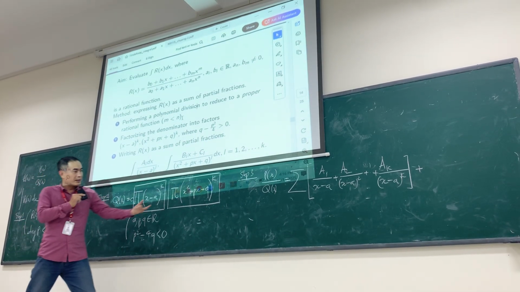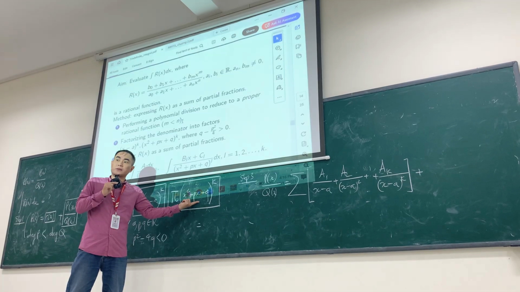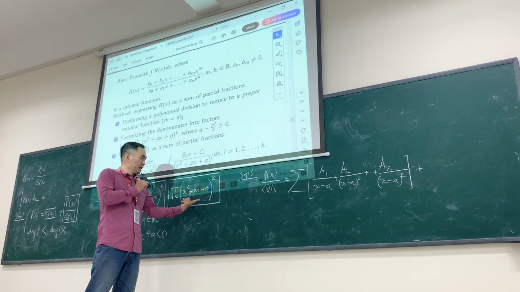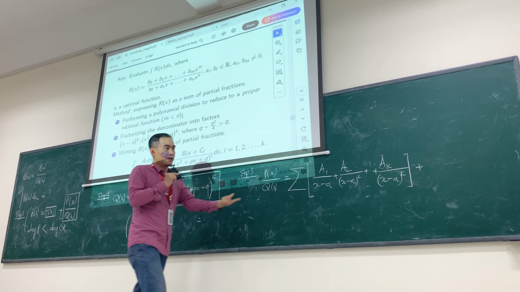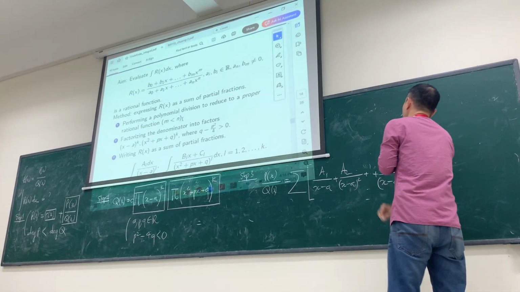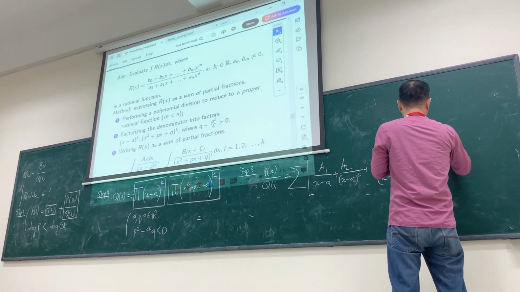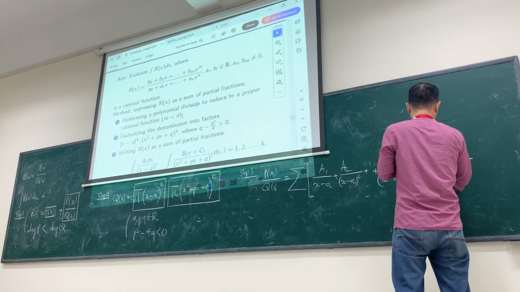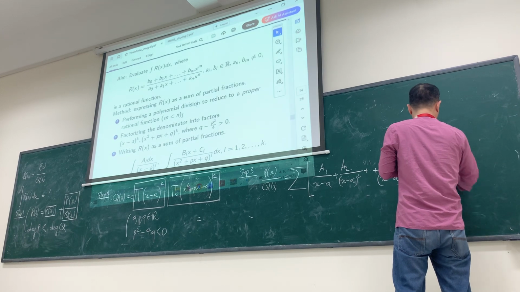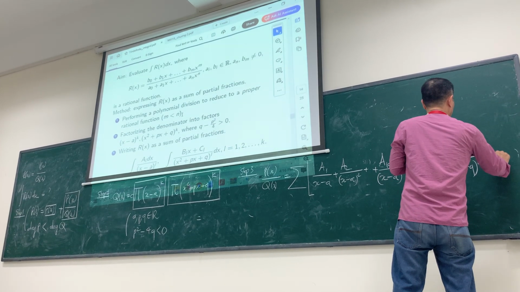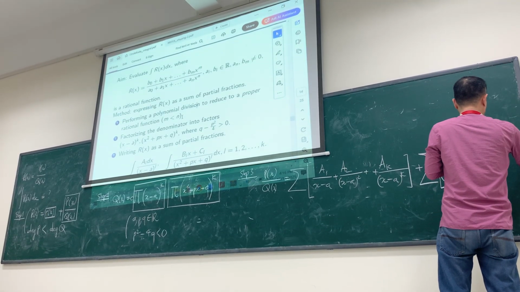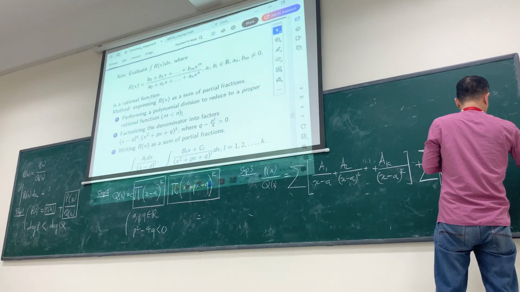To continue, if Q has a quadratic polynomial to the power k, then the corresponding sum is (b1 x plus c1) over (x squared plus px plus q) to the power 1, and so on, up to (bk x plus ck) over (x squared plus px plus q) to the power k.